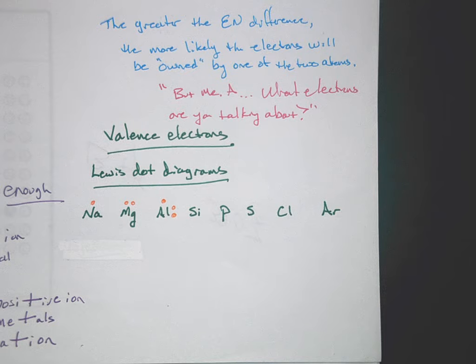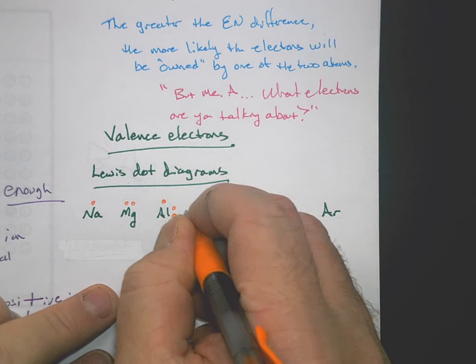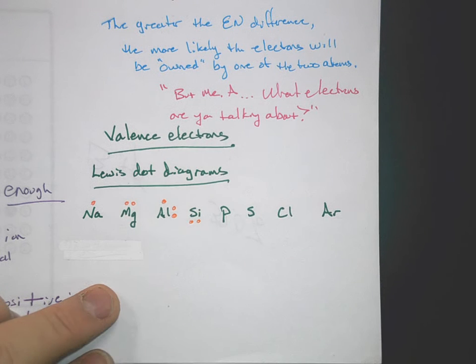Okay. Silicon's going to have 4, right? Next one over, it's in group 4. Silicon's going to have 4. You with me there? So, we draw the first 2 together. And then the next 2, however, according to Hund's rule, don't go together.